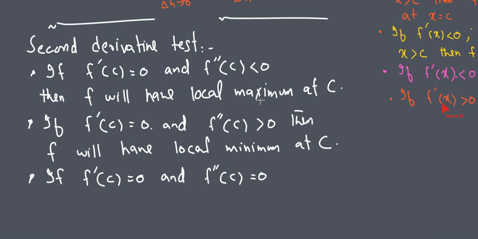Then the second derivative test will become inconclusive. And to solve the problems, we will move to the first derivative test for the local maximum or the local minimum. Is it clear? Yes.